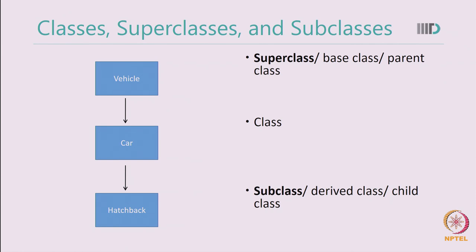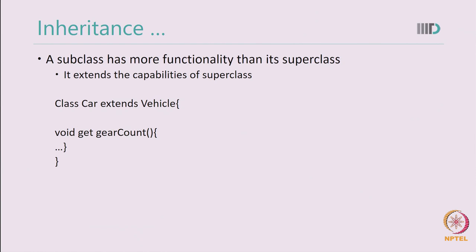Then for the hatchback, we go for more definition into the functionalities that we have defined. So how do we create inheritance? You may see the keyword extends. Once I use the keyword extends, my class car becomes a subclass of another class called vehicle.